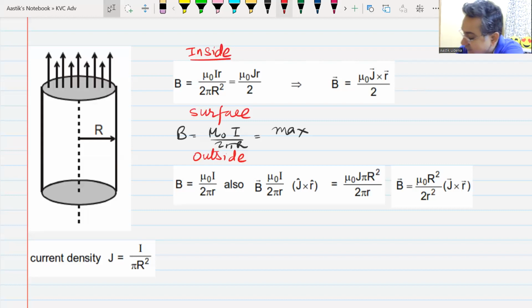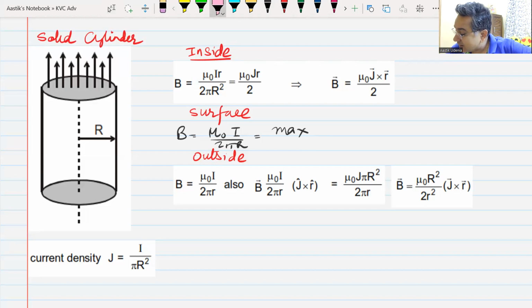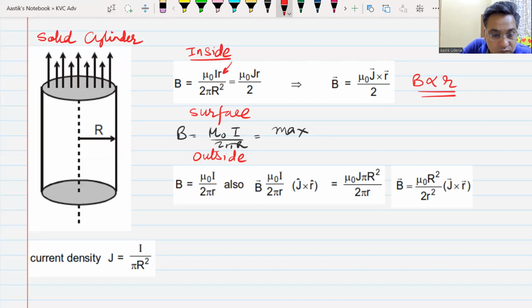Then from hollow cylinder we will move to an infinite solid cylinder, and now the magnetic field will not be zero inside. Do we understand this? Yes. In fact, you can see this magnetic field B will be directly proportional to r. Does it remind you of something? Electric field inside a solid non-conducting sphere.